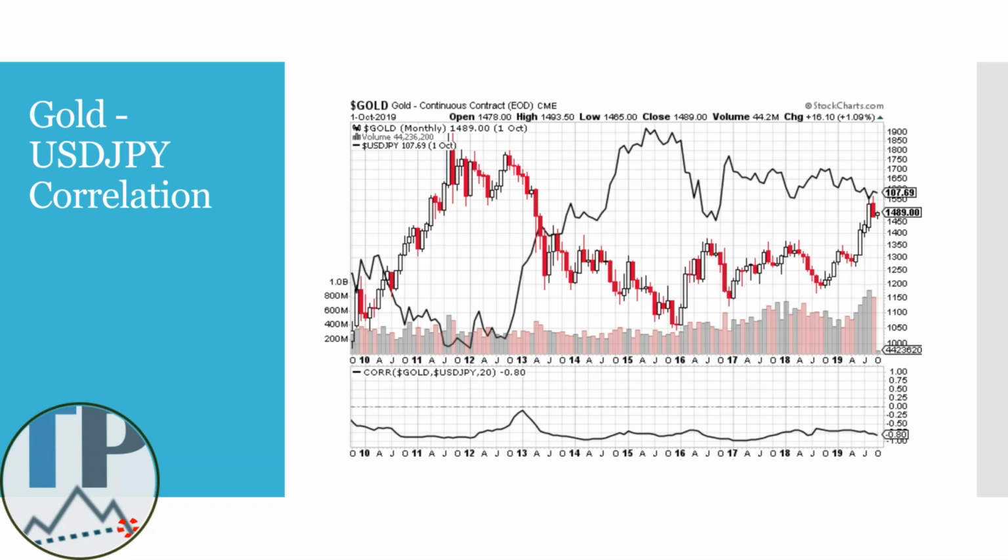So when gold rises, it's often because of that flight to safe haven movement that we see going into gold, and because that happens quite oftentimes for the yen as well, with the dollar yen seeing the yen as the denominator currency within the pair, you get this negative correlation.